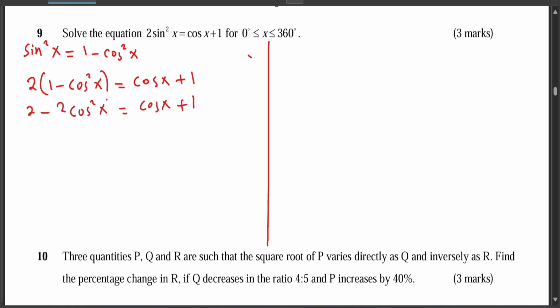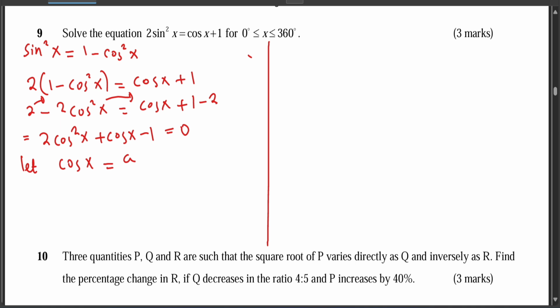Tuipeleke zote the other side, ile 2 pia tupeleke the other side. So utapata positive 2 cos squared x plus cos x. Sawa. Na ile 2 ukipeleka the other side itakuwa ni plus 1 minus 2, so which eventually becomes minus 1 equal to 0.